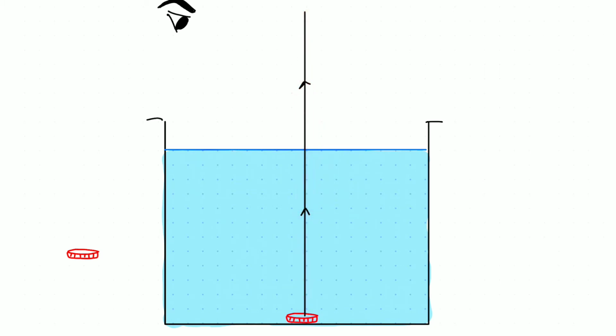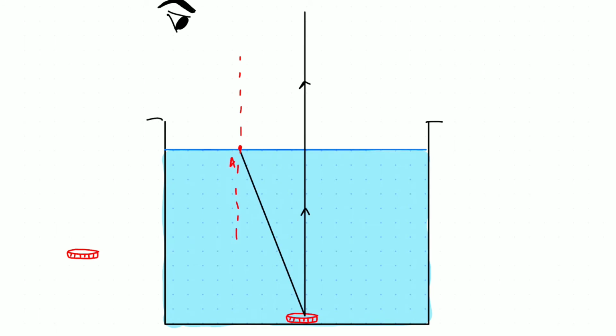Let me make another ray, which is coming just like this. It is incident at point A here. Let me very quickly make the normal here. This is the normal.